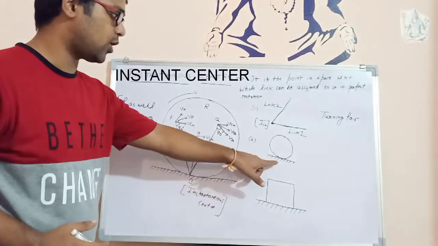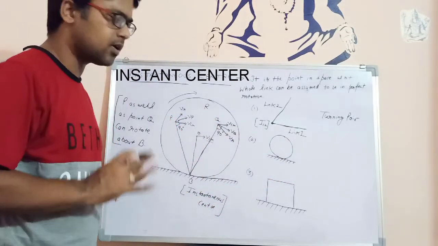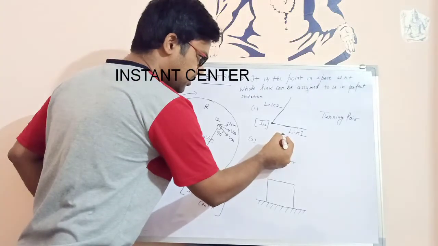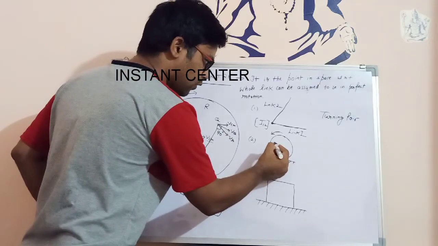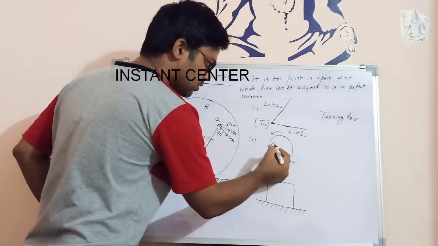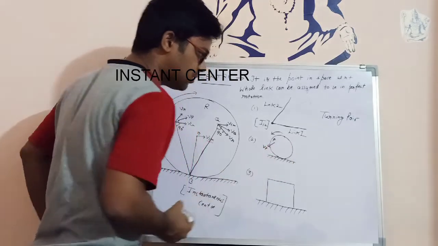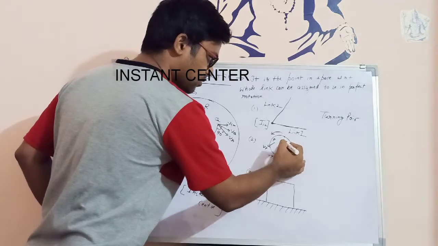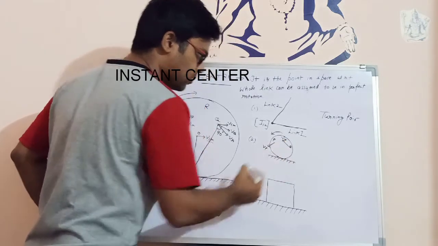Next, for the rolling pair, this is just an example of a rolling pair. Clear? I can take a simple case of it. Let us suppose it is rotating like this, and I have 2 points. Let us suppose this is VP. This is my point P. And this is my point Q. This is called VQ about point Q. Clear?